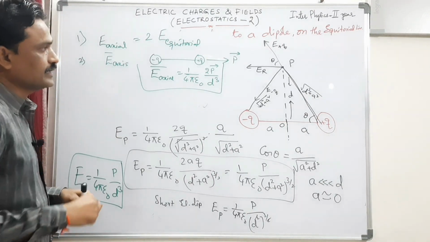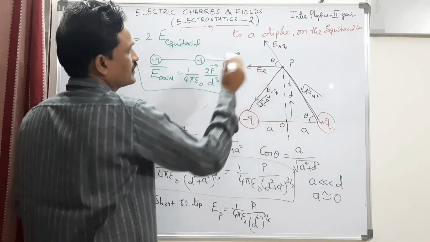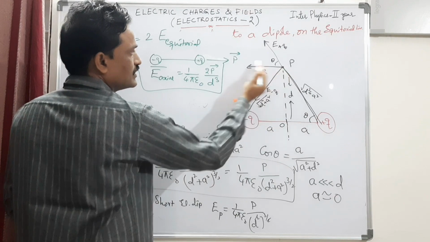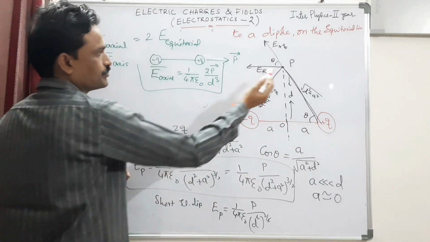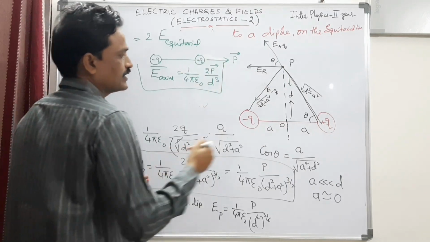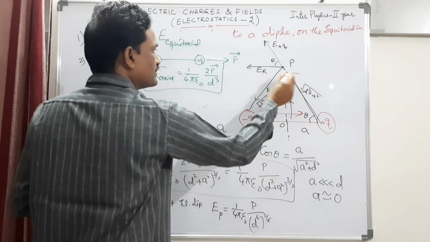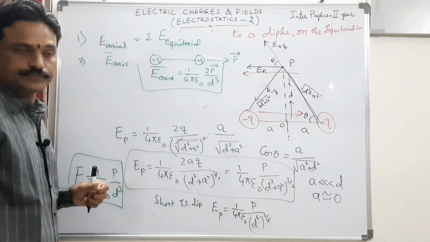Now what is the direction of resultant intensity of electric field? Here the direction is opposite to minus q to plus q. So this is opposite to the direction of p. p direction is in this direction and intensity of electric field is in this direction.